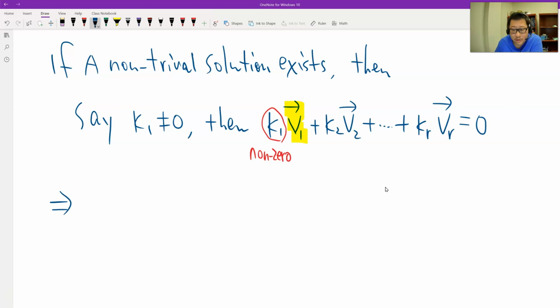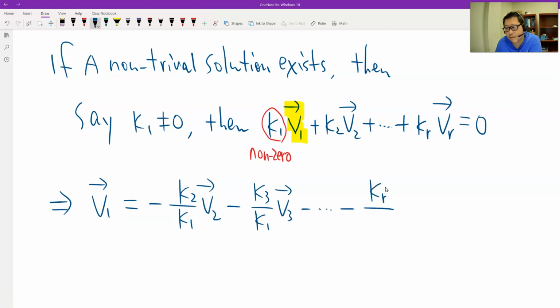After solving, we get v1 equals this, because k1 is non-zero, so k1 can be the denominator. Therefore, we get this form. Each coefficient exists, which means v1 is a linear combination of the others. What does that mean? It means a contradiction.